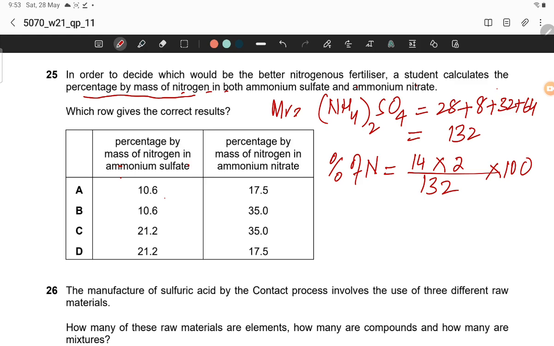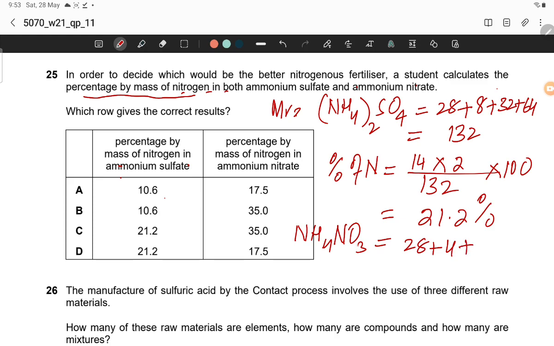So 28 divided by 132 is equal to 21.2%. While ammonium nitrate, NH4NO3, has Mr: nitrogen 28, hydrogen 4, oxygen 16 into 3.